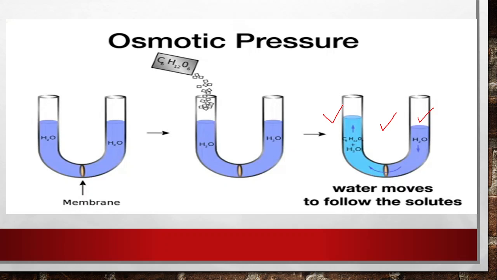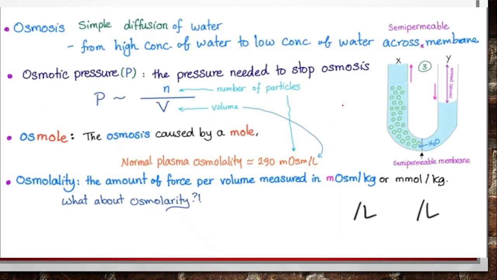Osmosis is a simple diffusion of water, and it always occurs from higher water concentration to low water concentration across a semi-permeable membrane. You have to remember one thing, that osmosis is a passive process, meaning that energy is not required for the movement of water from higher concentration toward lower concentration.